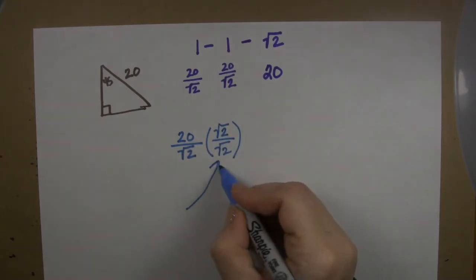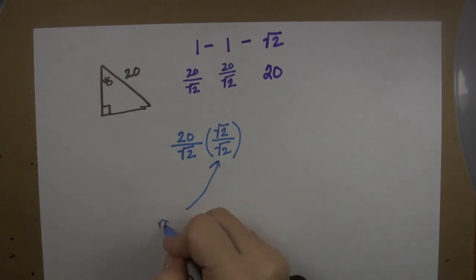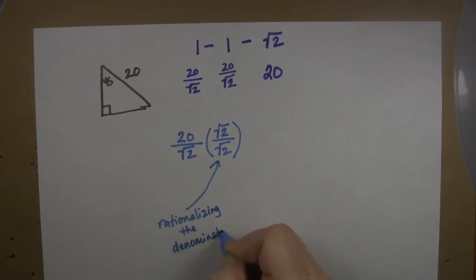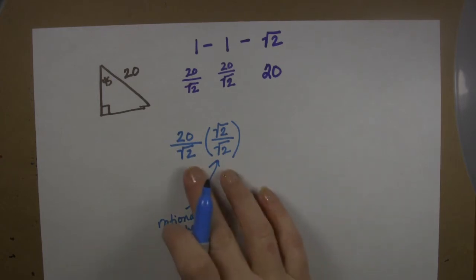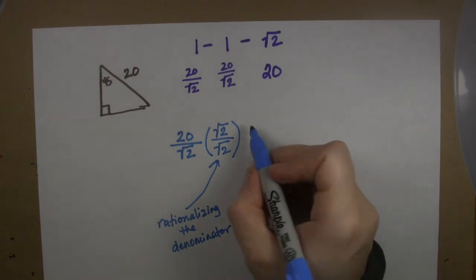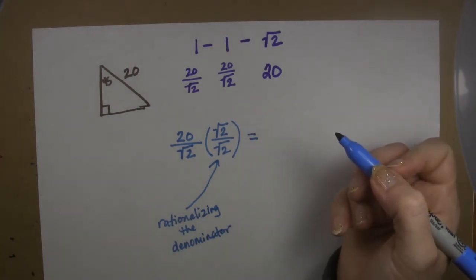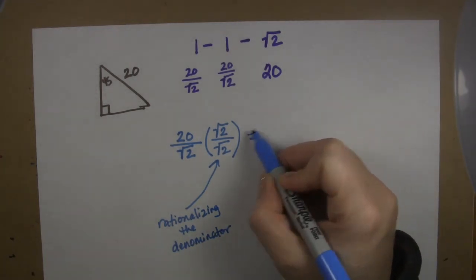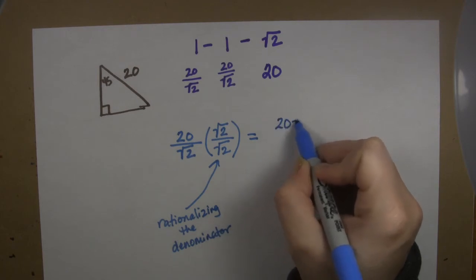This, by the way, has a fancy name, making this move. This is called rationalizing the denominator. It basically means getting rid of the radical sign, making it look rational again, making it so that even mathematicians can love this number.